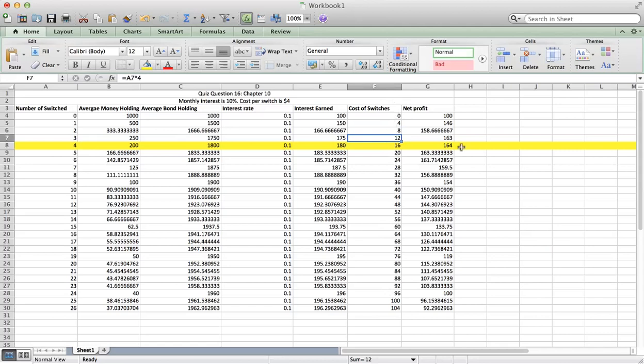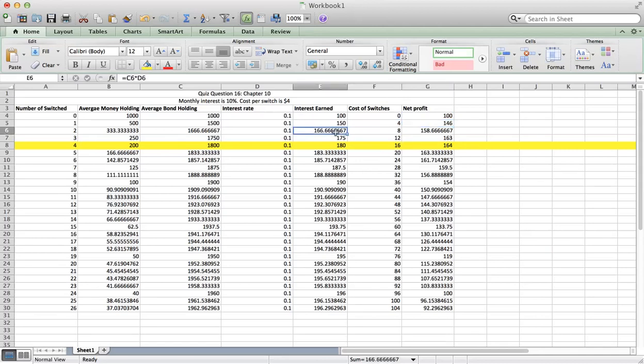And now to calculate the profit, you just subtract cost from interest. So with zero switches, you earn 100 interest, and it's going to cost you 0. So your profit is 100. With one switch, you earn 150. This costs you 4. So this is your net profit.